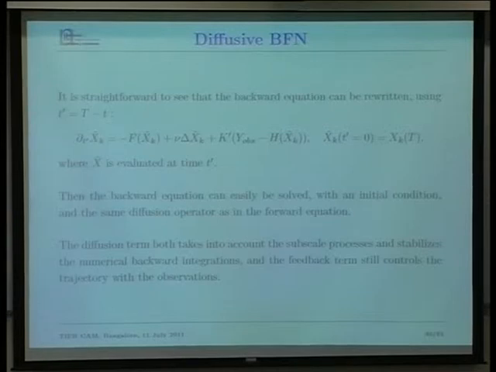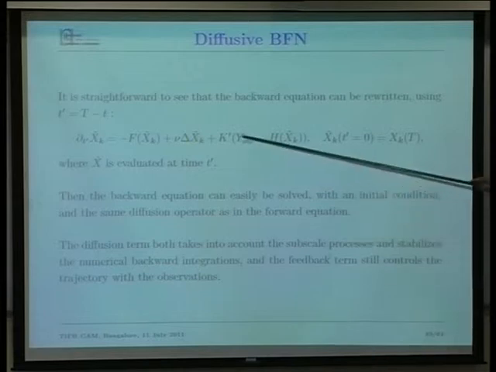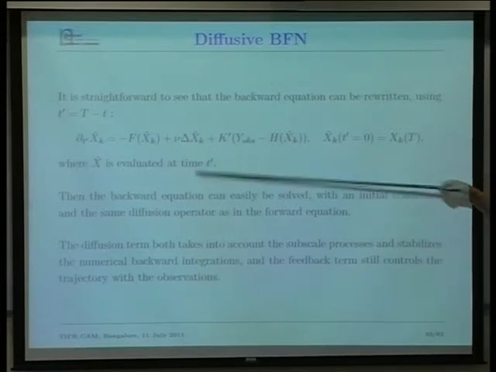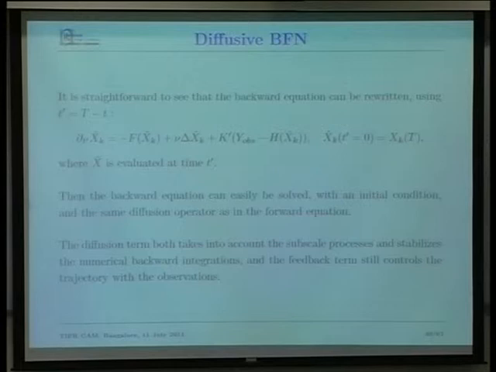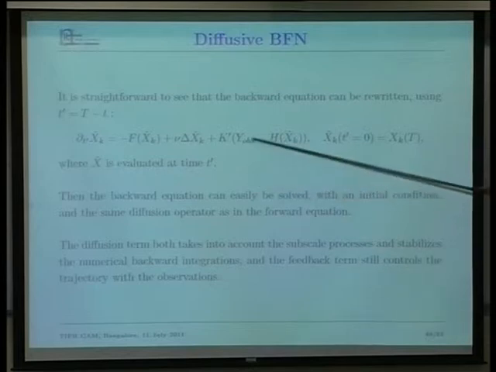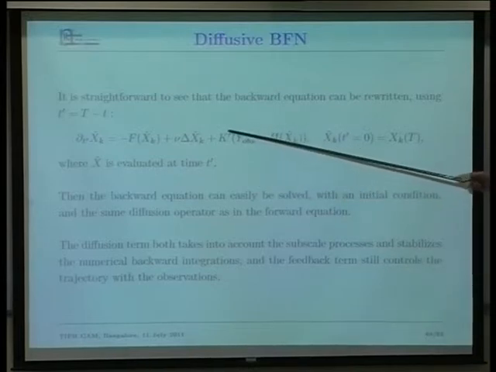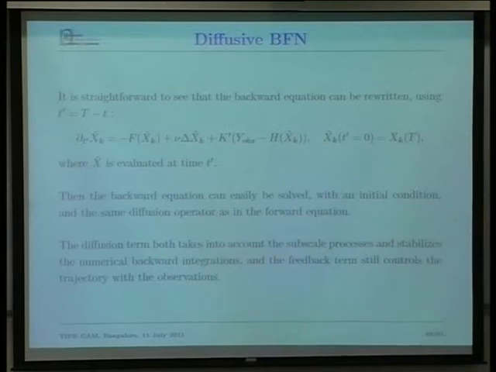So the only difference between the forward and backward resolutions is that you change the sign of the physical model, which has no diffusion. And now in the backward model, the diffusion has the good sign. It's a good diffusion, it's not a negative diffusion. So it's easy to solve this equation, even with nu close to 0, and k or k prime close to 0 or equal to 0, because it's a stable model now.